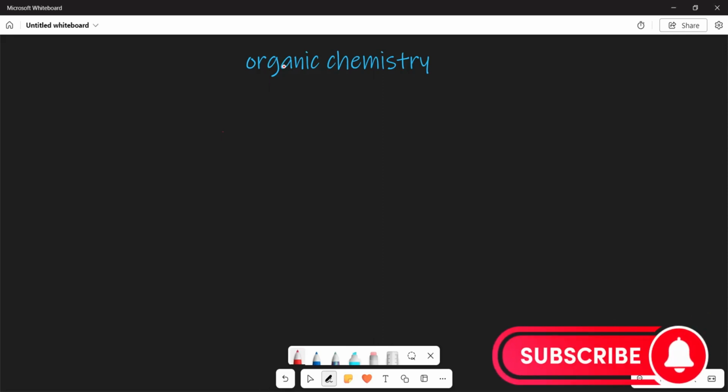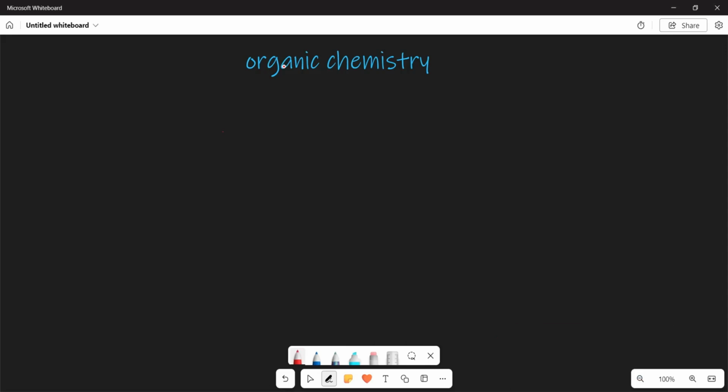For example, they are found in plants, animals, and also human beings. What is important is that all of these compounds consist of what we call carbon atoms, or rather carbon elements.